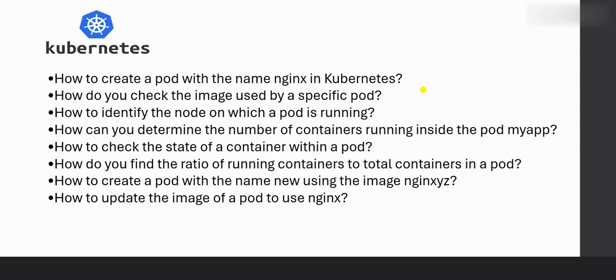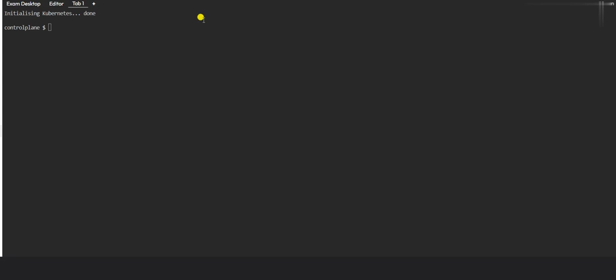So now we know what pods are, what containers are, and that we can run a single container to multiple containers also. So with this, we are going to move ahead with our playground and solve these questions. So our first question is how to create a pod with the name Nginx in Kubernetes.